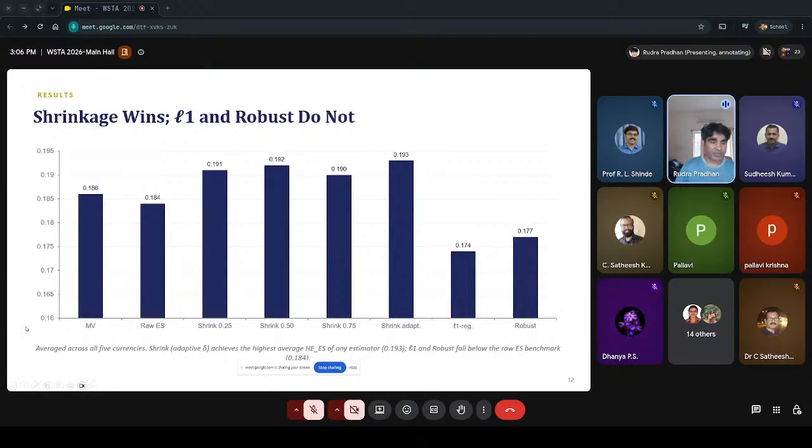And in summary, we average across all 5 currencies, because this is an optimization process, a portfolio optimization process. That's why we have taken the average here. So shrinkage achieves the highest average ES of the estimators, and the worst fell below the raw ES benchmark, that's 0.184.